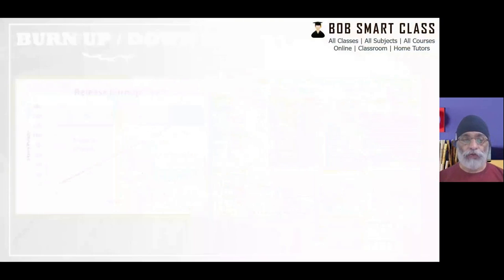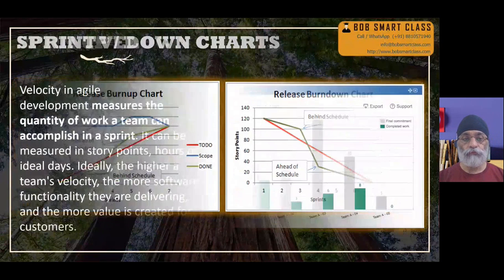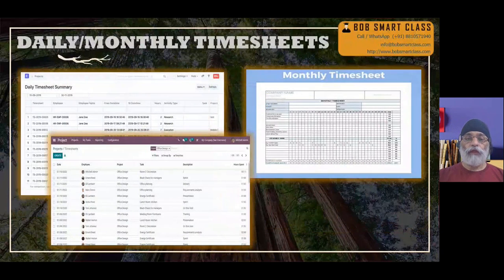We have different charts as burn up and down, which describes where are we right now on the project. There is a sprint velocity chart which describes and compares the velocity of the current sprint to the earlier sprints. Then we have to submit either daily or monthly timesheets to the accounting department to raise invoices to the client.